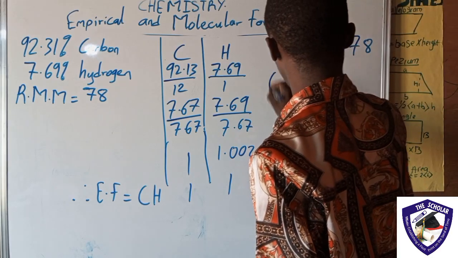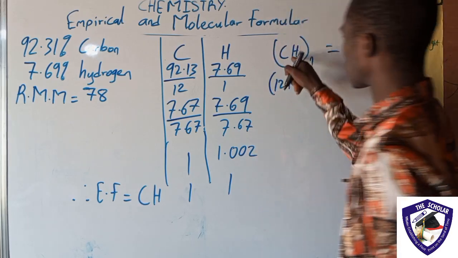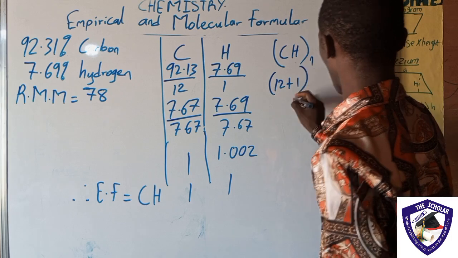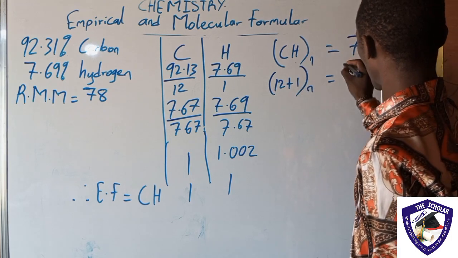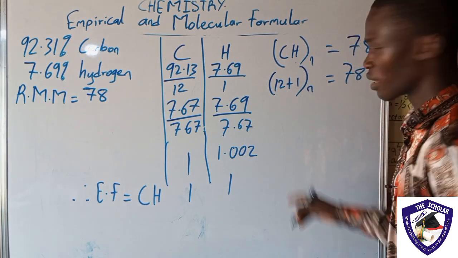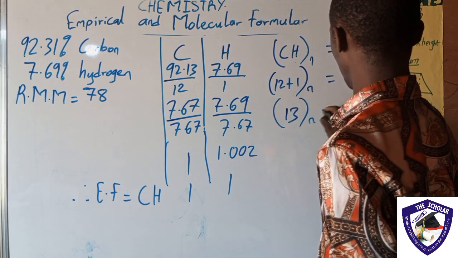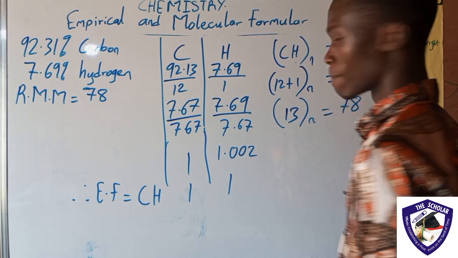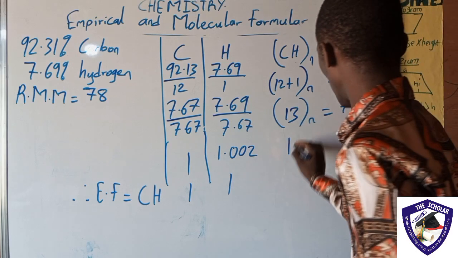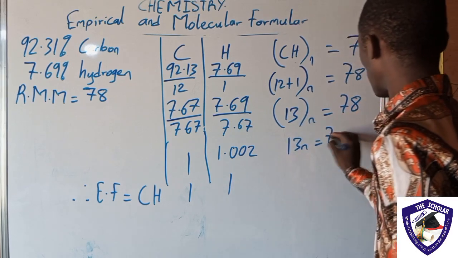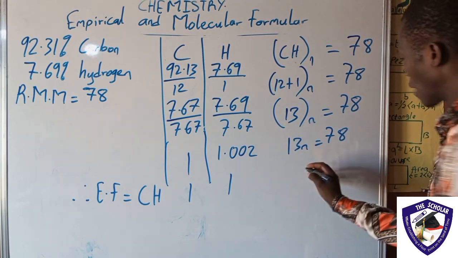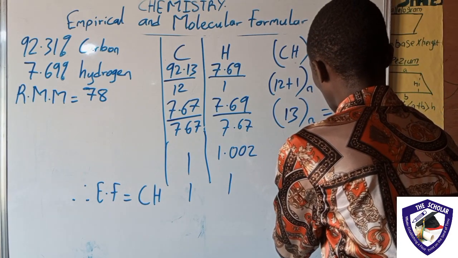For carbon, C, that's 12, plus for hydrogen 1, that's 12 plus 1, equal to what? 12 plus 1, that is 13. 13N equals to 78. Divide both sides by the coefficient of N, that is 13.